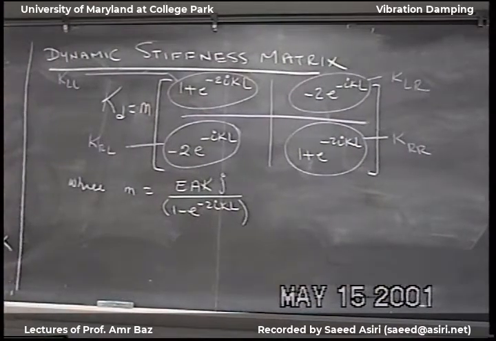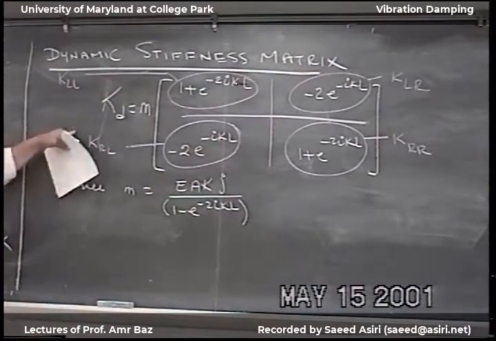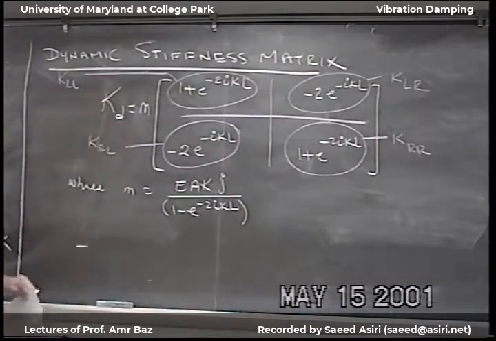And now we use the rules that we generated in the first lecture on the periodic structure to replace this by the transfer matrix.